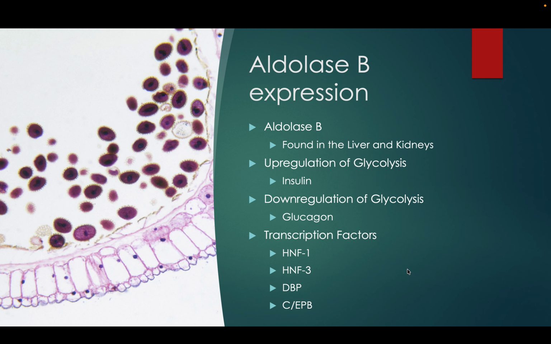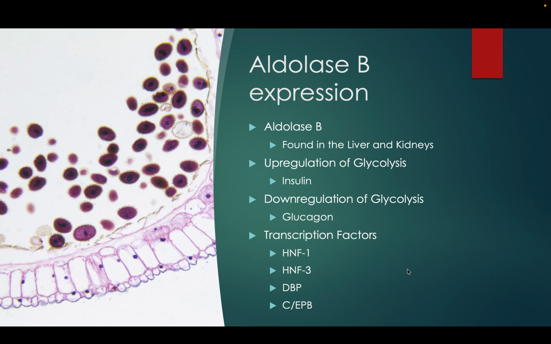insulin. Insulin causes the upregulation of glycolysis. This is because insulin helps bring glucose into cells to be broken down into ATP and used for energy. As the glucose in the blood is being utilized, the blood glucose level is going to drop, which can lead to hypoglycemia.